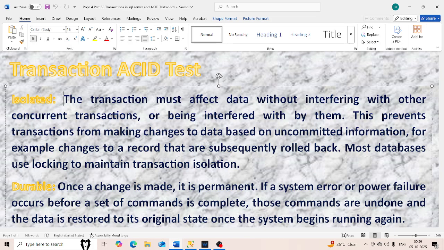So if there are two transactions, transaction A and transaction B, transaction A should not interfere with transaction B, and similarly, transaction B should not interfere with transaction A. Both of them should work as a single unit of work, and they should not interfere with each other.